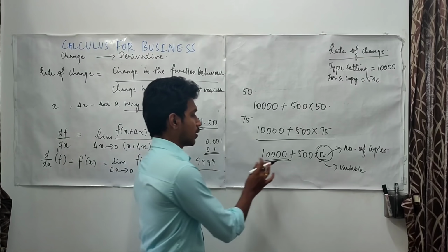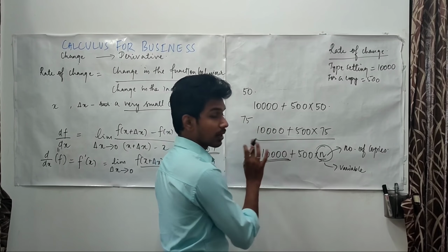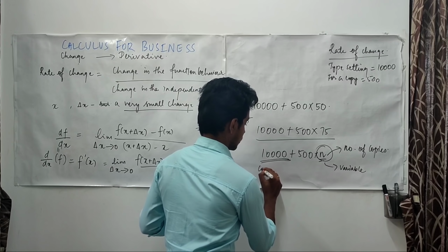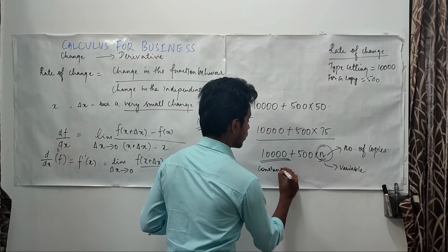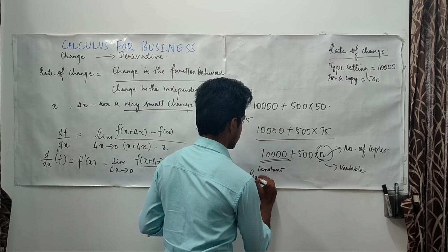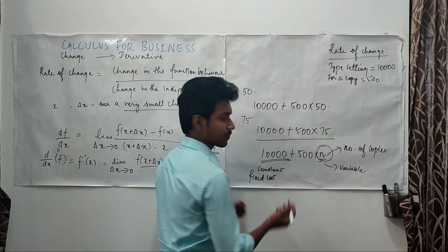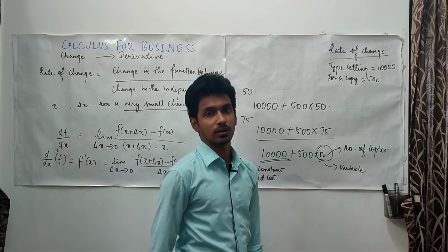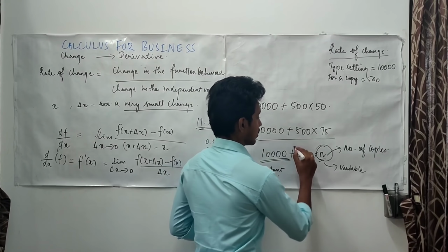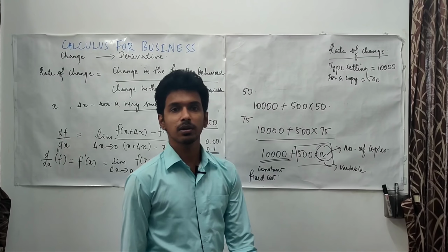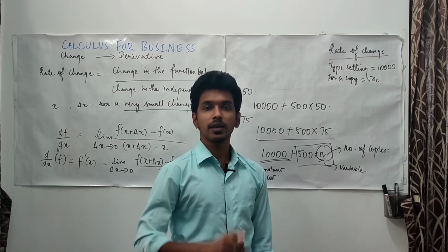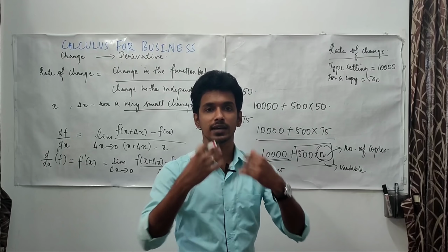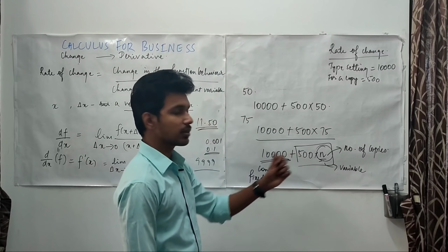But why am I asking you to consider this 10,000 as a constant? This is a fixed cost. The cost of typesetting is a fixed one, whereas this 500 is a variable cost. Based on the copies, you are going to charge me, right? So this is a variable cost.